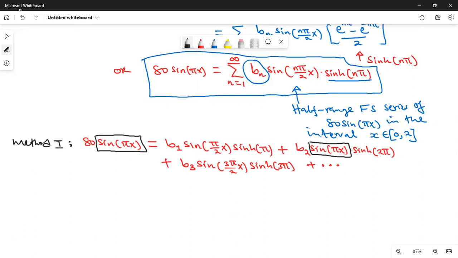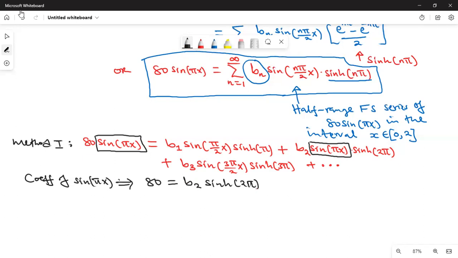So we are saying when we compare the coefficient of sine pi x, we get that 80 is equal to b2 times hyperbolic sine of 2 pi.